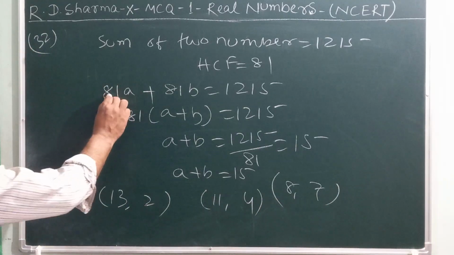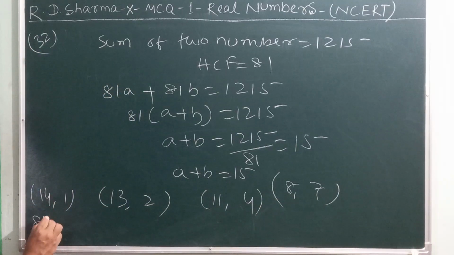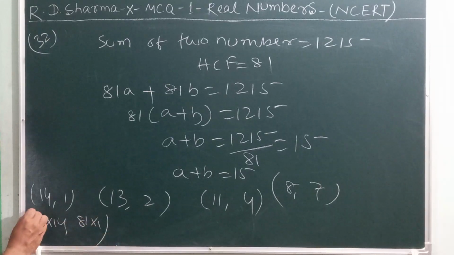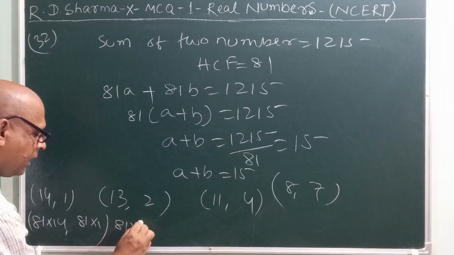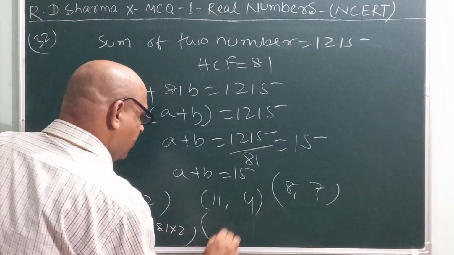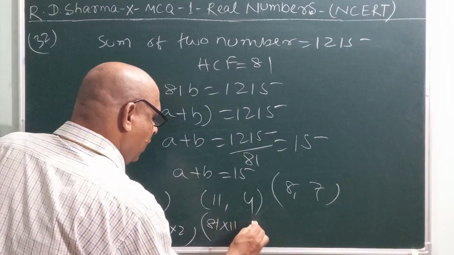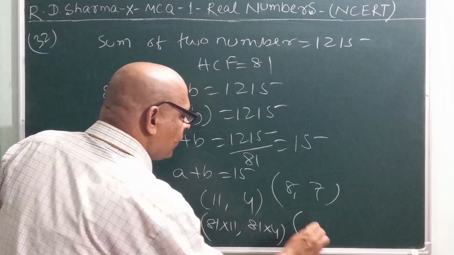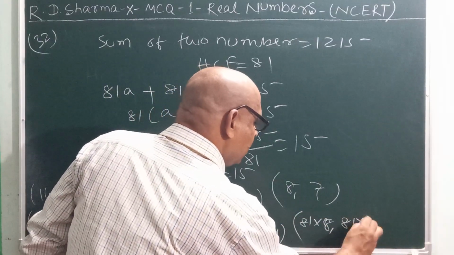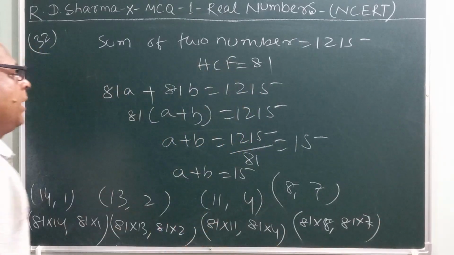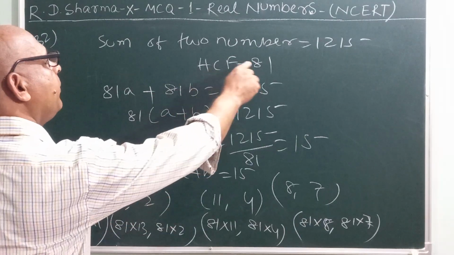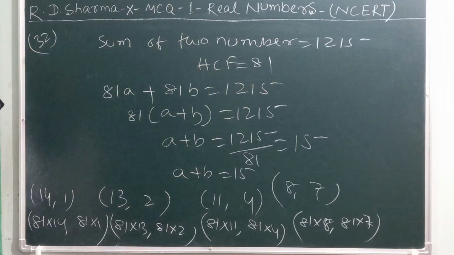So the numbers are 81 into 14 and 81 into 1, 81 into 13 and 81 into 2, 81 into 11 and 81 into 4, 81 into 8 and 81 into 7. These are four pairs whose HCF is 81.